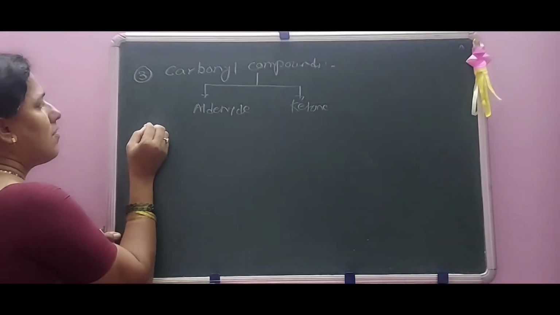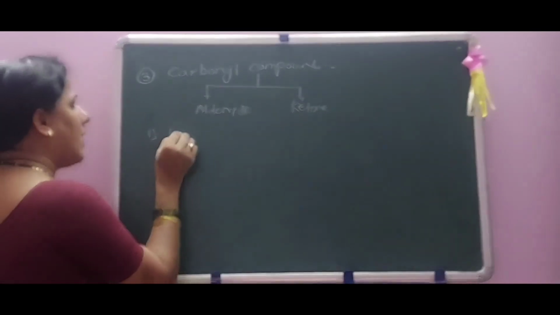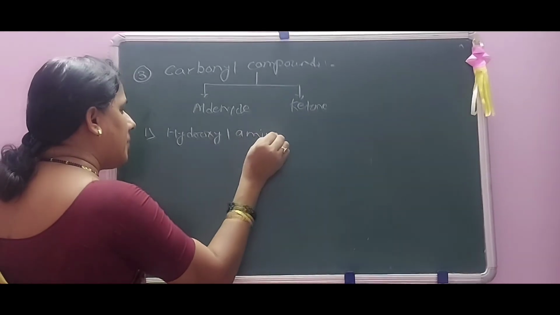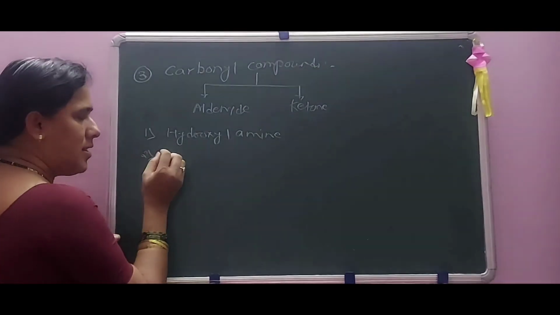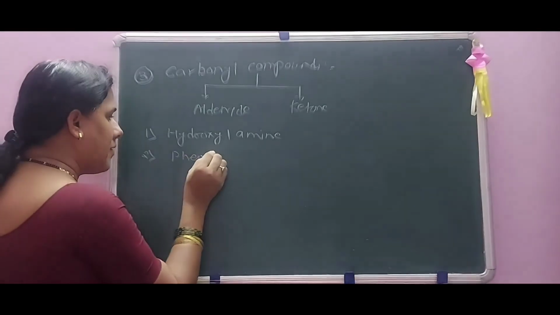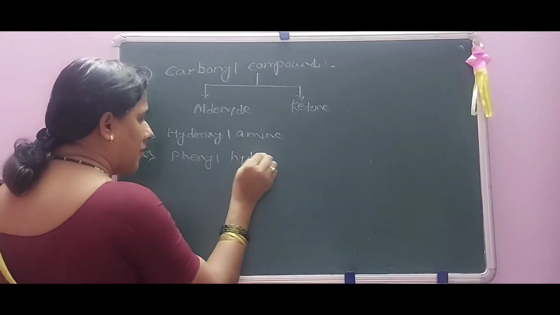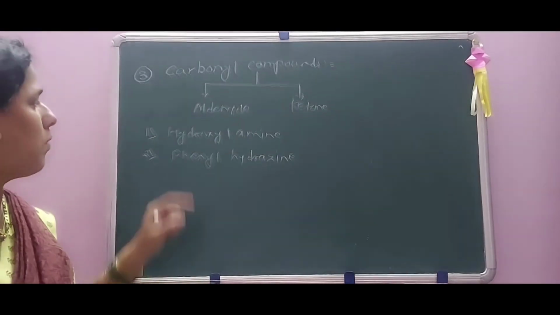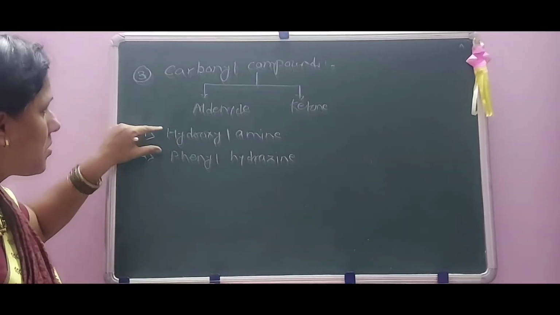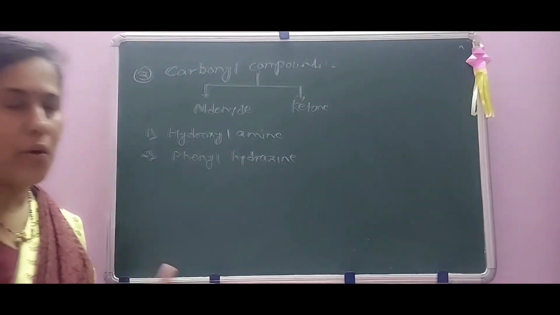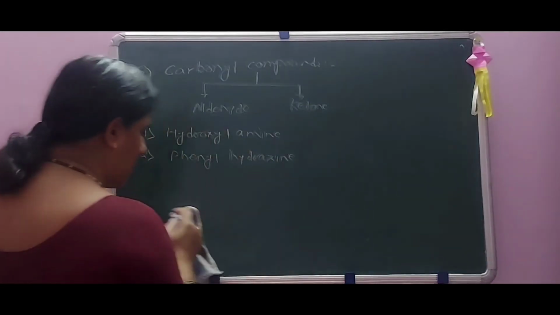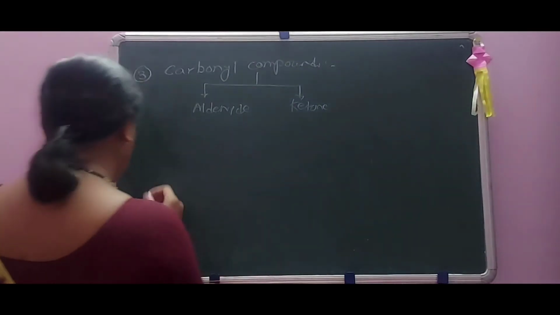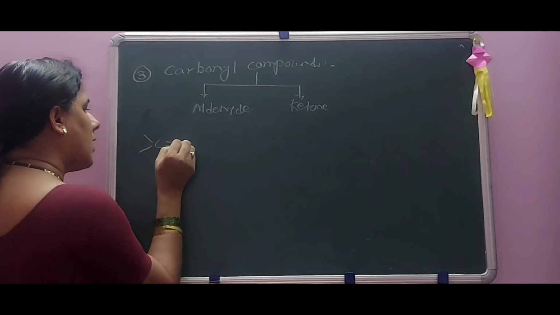There are three tests. First is by using hydroxylamine. Second is phenylhydrazine. Now one by one we are going to start these reactions, whatever the products may be. Here the reactions are for compounds containing a carbonyl group.